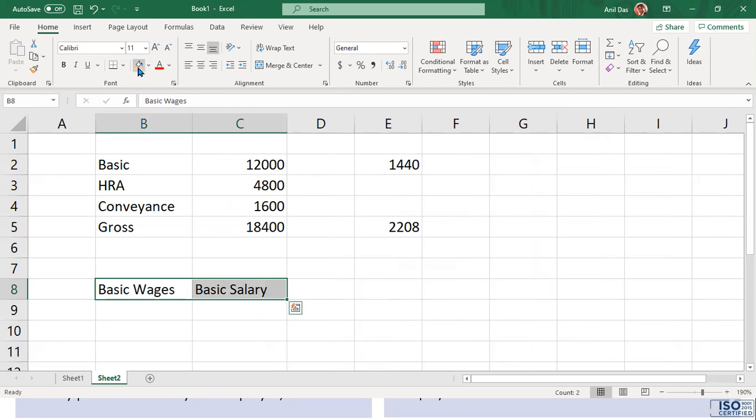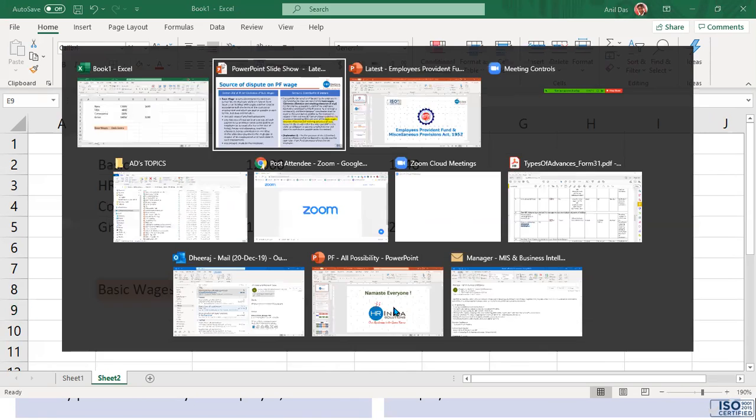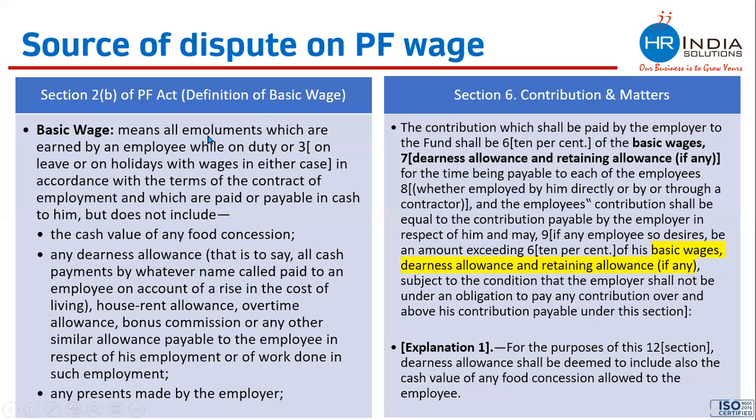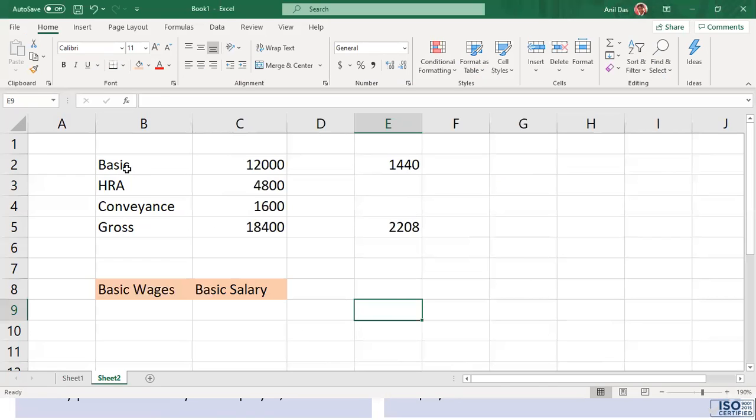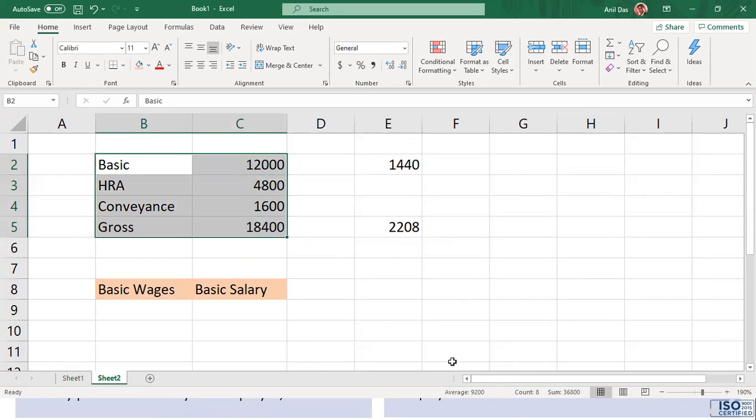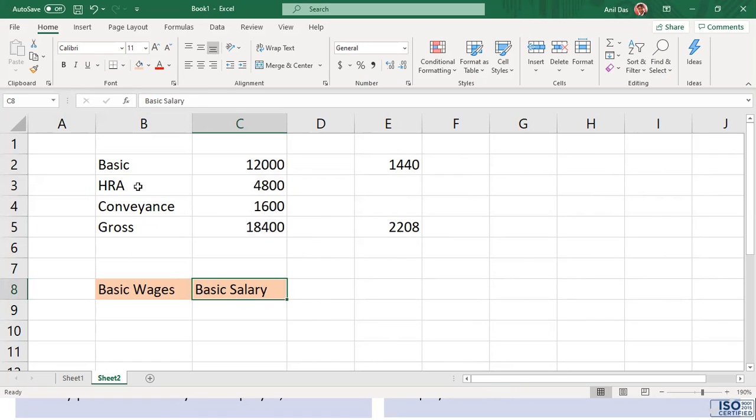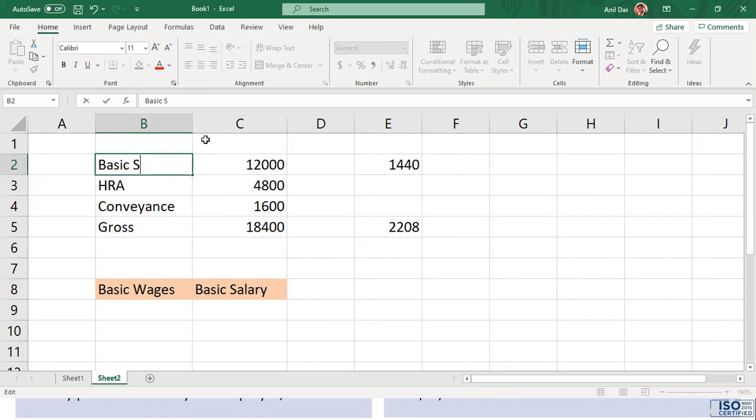These two words are not the same. As per law, basic wages means all emoluments which are earned by the employee, so the entire salary is basic wages, whereas corporates have only started taking basic salary for PF contribution.